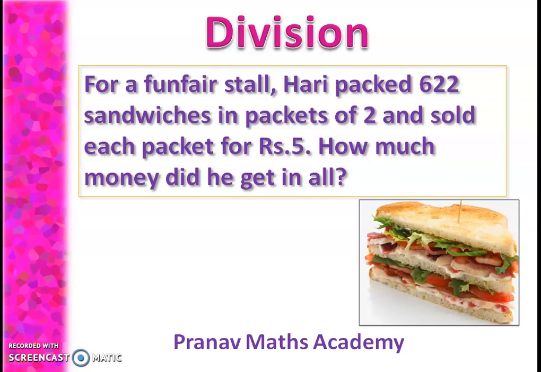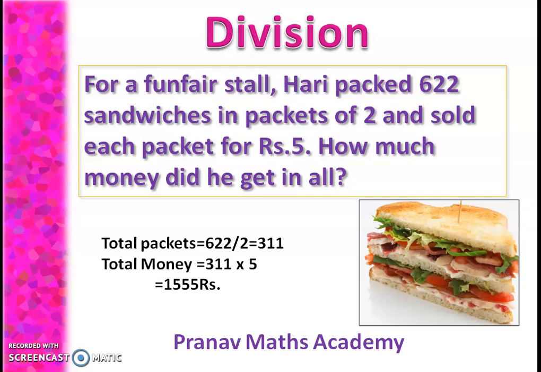So we have to divide 622 by 2. Therefore, we get 311 packets. Since each packet is sold for rupees 5, we have to multiply the result by 5. Therefore, we get 1555. The money he got is 1555.